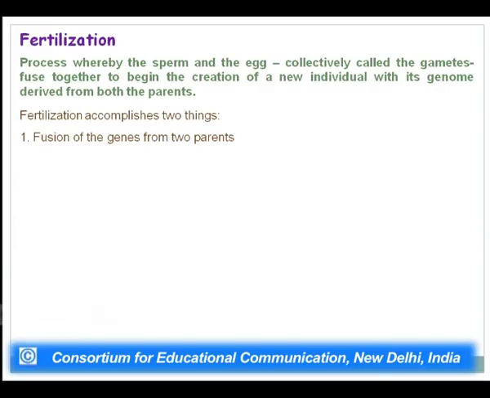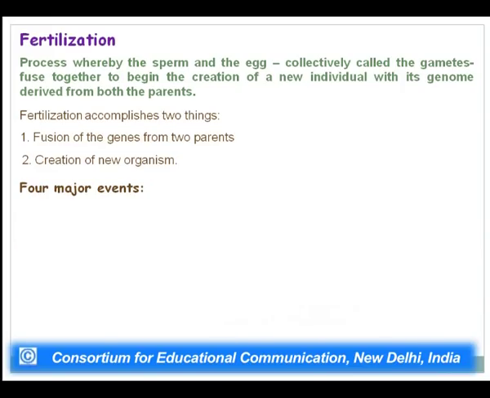So it's related to genetics, to heredity, that the organism passes on its gene pool to the next generation or to its offspring. Through this process, the mixing of the genome from the two parents takes place. The second is the creation of the new organism. The actual formation of the new organism starts when the two gametes fuse together.